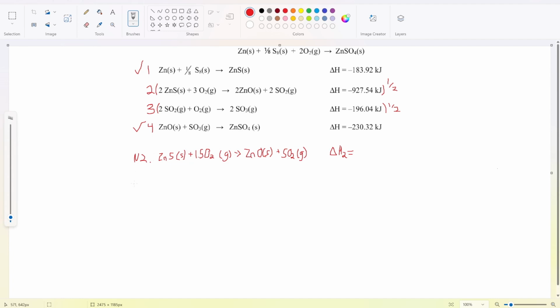And then we should write the new equation 3, which is sulfur oxide gas plus 1/2 an oxygen now.